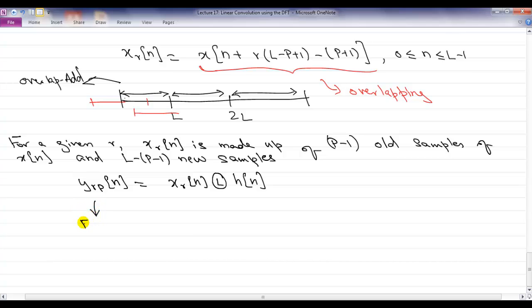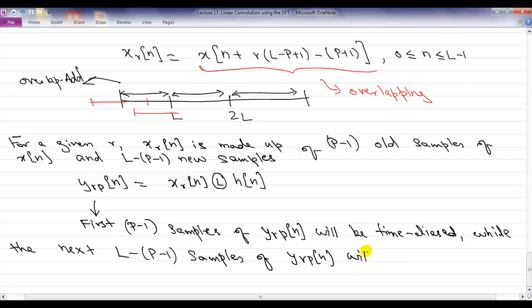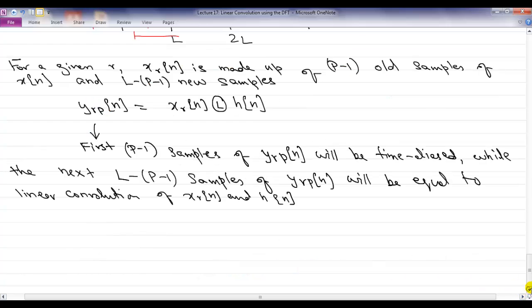The first P minus 1 samples of y_rp[n] will be time aliased, while the next L minus (P minus 1) samples of y_rp[n] will be equal to the linear convolution of x_r[n] and h[n]. Right? Remember, we are after linear convolution.